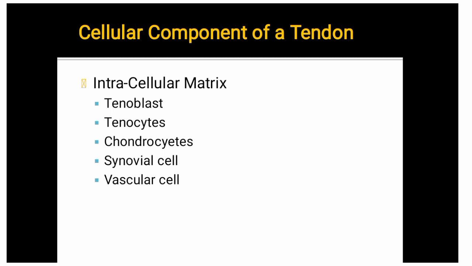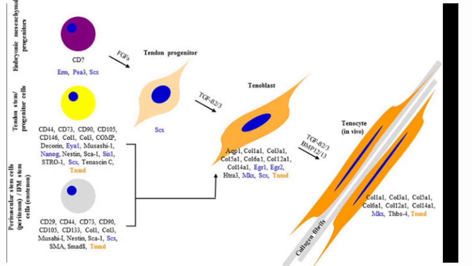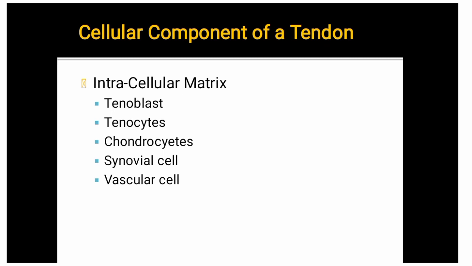The tendon cells are known as tenoblasts and tenocytes. They make up approximately 90 to 95% of the cells within the tendon, and the other 5 to 10 percent include the chondrocytes, synovial cells, and vascular cells. Tenoblasts are immature tendon cells.